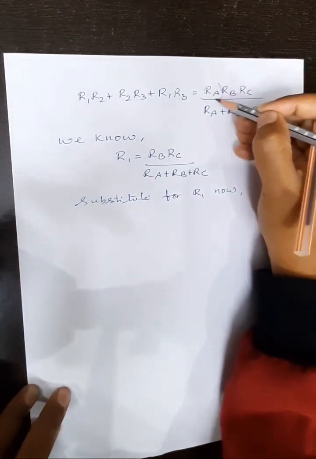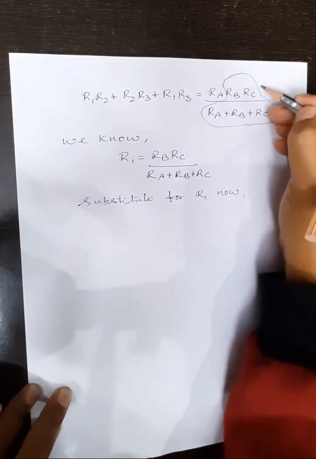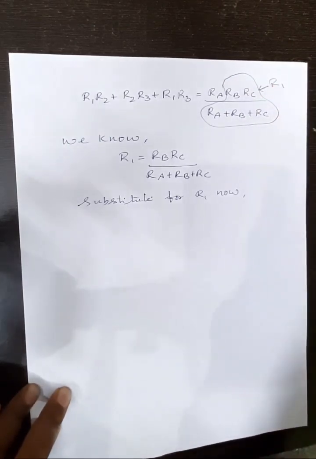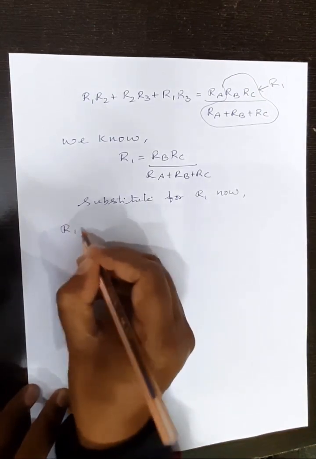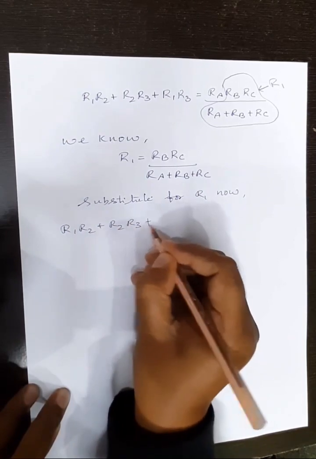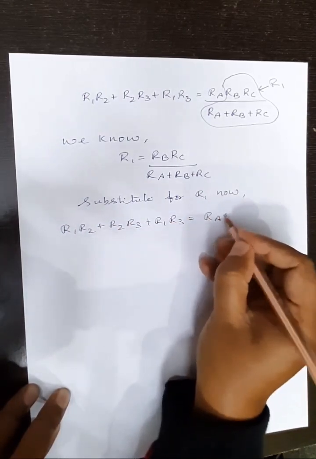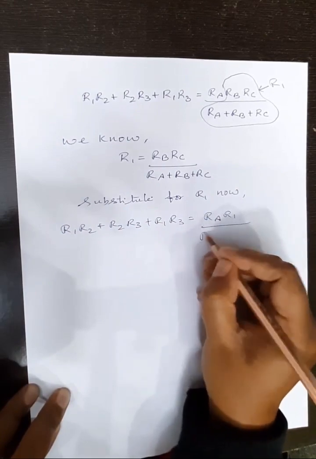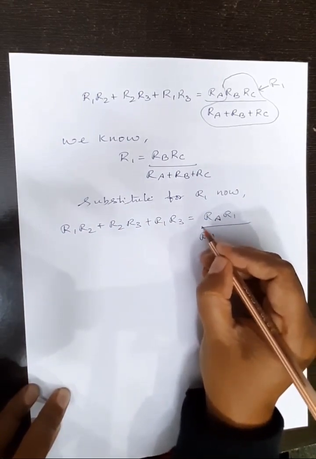So this RB RC divided by RA plus RB plus RC will now become R1. You will get R1 R2 plus R2 R3 plus R1 R3, which is equal to RA into R1, just RA into R1.